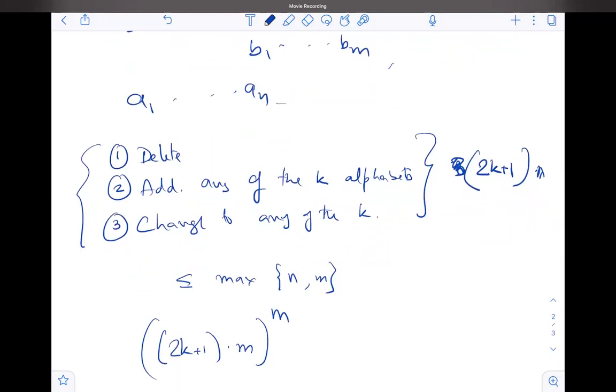Without loss of generality, let's assume m is bigger than n. This is the total number of possible edits that you can have. So it's an exponential number of possible edits. You can see which of the edits are working and which are not, and then find the one which is the minimum.